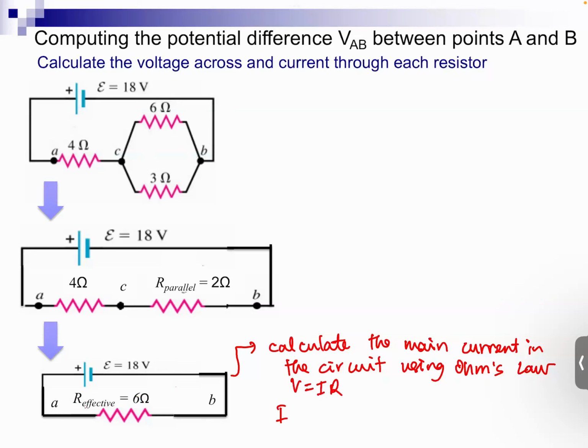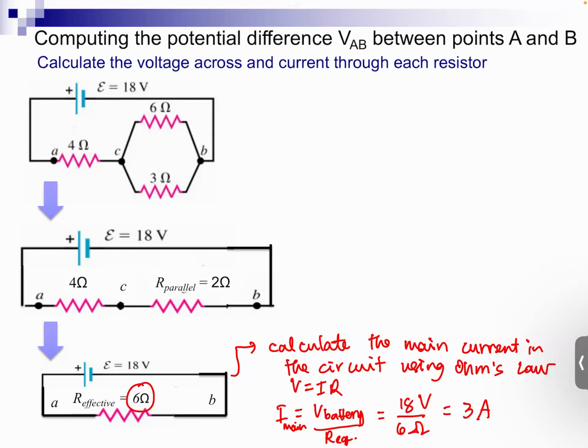Rearranging that, the main current in your circuit is equal to the voltage of the voltage source divided by the equivalent resistance. The voltage of the battery is 18 volts, divided by the equivalent resistance we've calculated before.